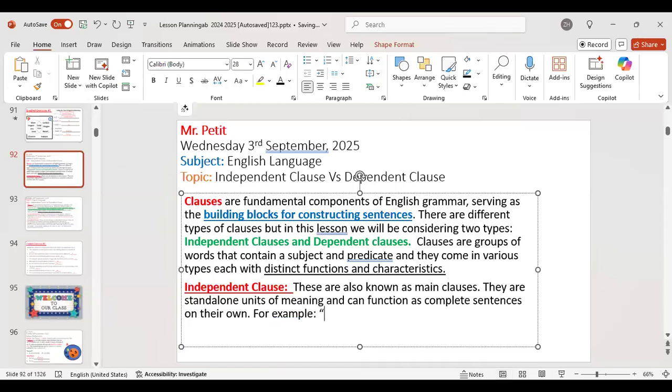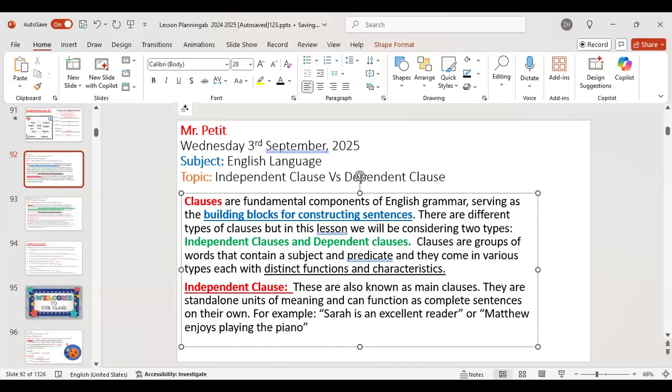we could say, Sarah is an excellent reader. Okay. Or we can say, Matthew enjoys playing the piano.